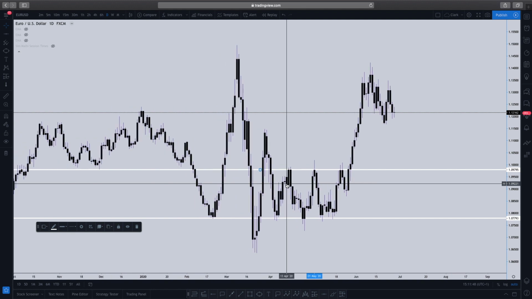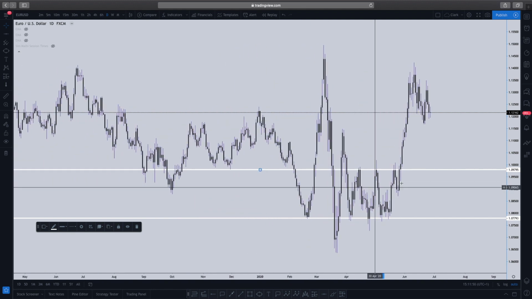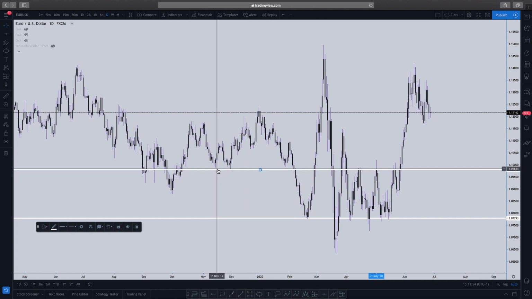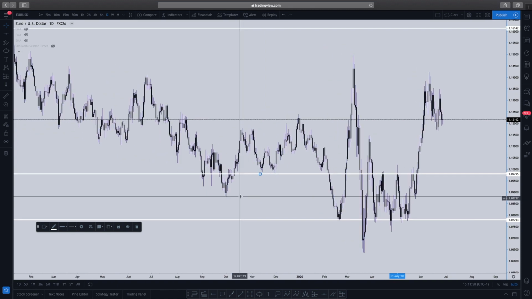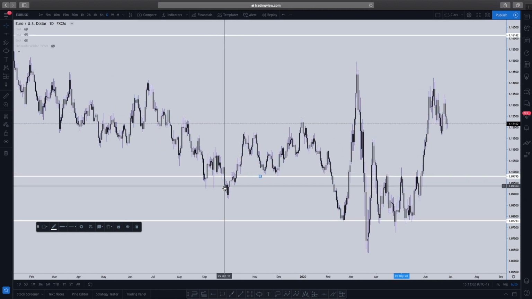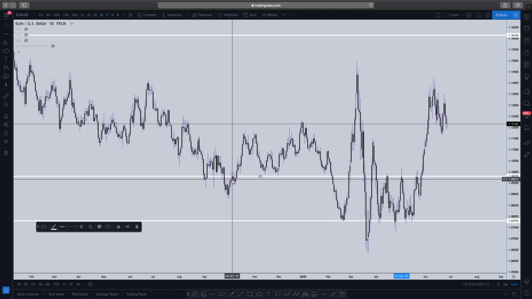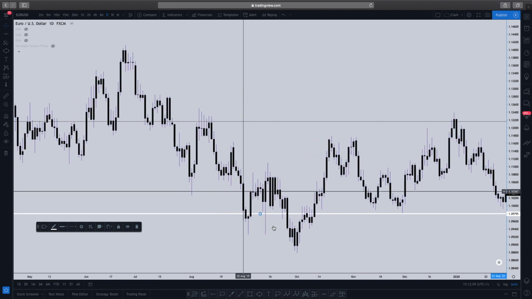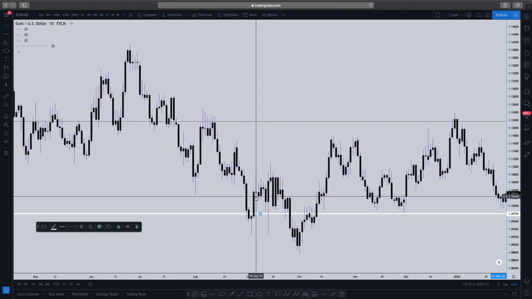And let's zoom out. As you can see, it respects the line there, also respects here. Price is bouncing off. And then here as well, bounces off, goes through, comes back, makes a resistance. All right, so this is a key level there.